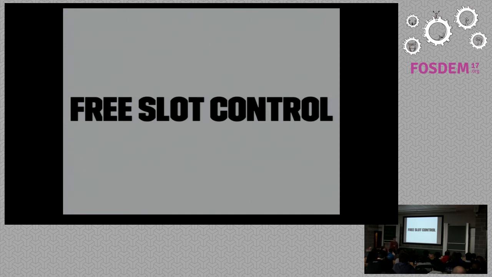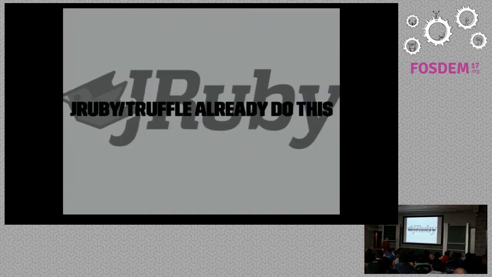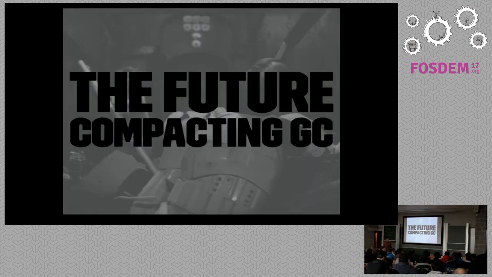There's a couple of things which are being done to help with this. So let's talk about those. Now we can talk about the future, about where Ruby GC seems to be going. And the main thing I think that most people are going to be interested in is garbage compaction, which is moving objects around the object space and moving them around the heap to make them less Swiss cheesy and more Gruyere.